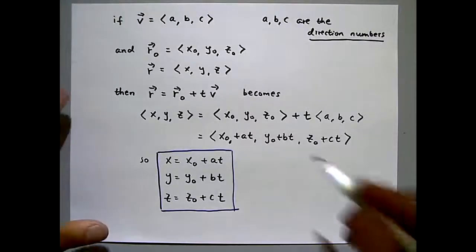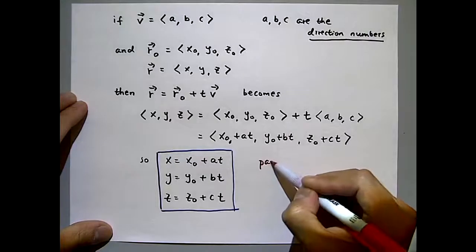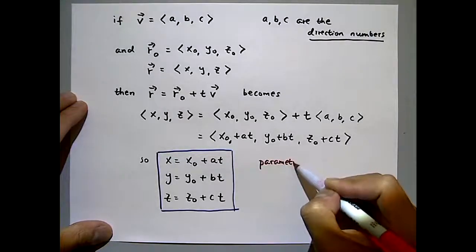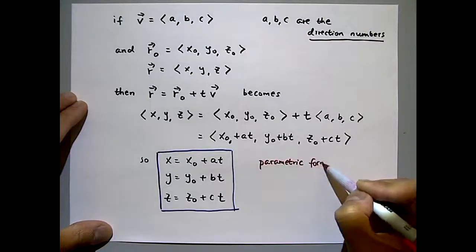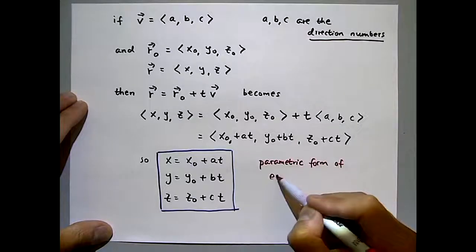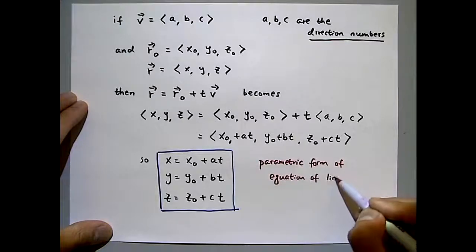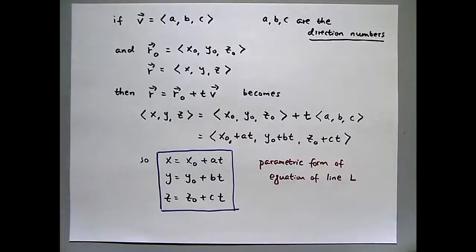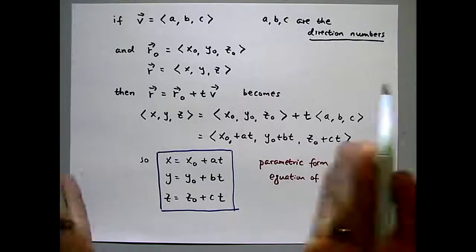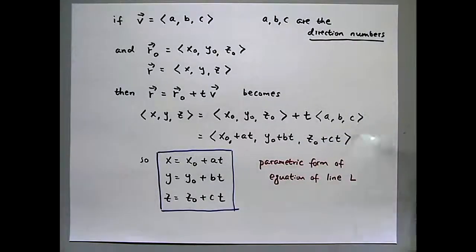And this form is called a parametric form. Okay, the earlier form is a very compact, very condensed form, a bunch of vectors. Here, often you want to work with the x, y, z separately. So here we got things broken down into components.